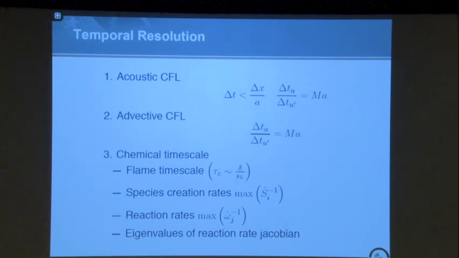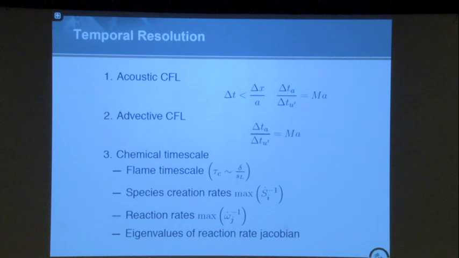We also have to worry about the chemical time scale, which can be defined based on the flame time scale, proportional to the ratio of the flame thickness delta to the laminar propagation speed, SL.